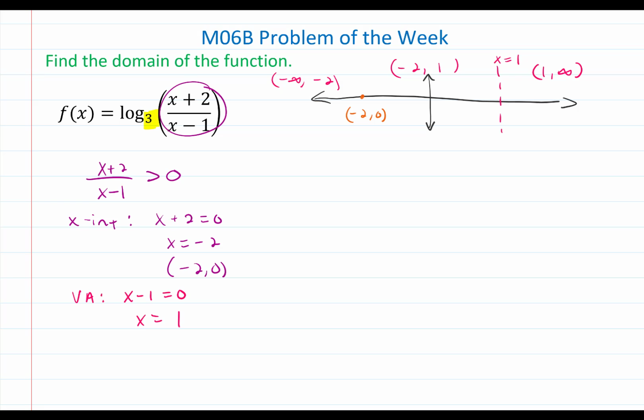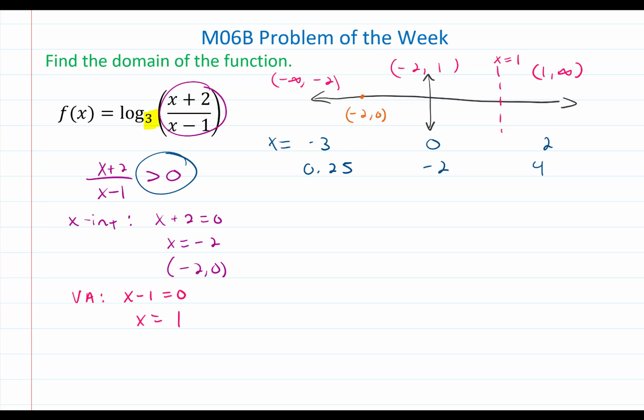Next, what I need to do is evaluate an x value within each interval to determine if the output is greater than 0. So I'm going to choose x equal to negative 3, 0, and positive 2. Now the output, when I insert it into x plus 2 over x minus 1, is 0.25, negative 2, and positive 4.